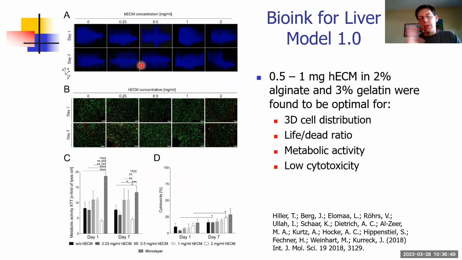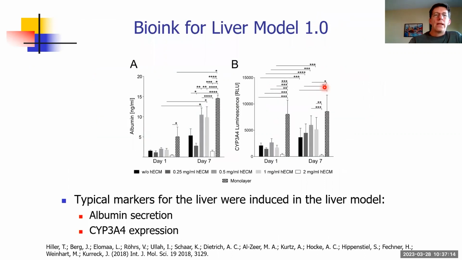We first optimized our bioink again. We optimized the addition of human extracellular matrix, the three-dimensional distribution of the cells, the cell viability, and the metabolic activity, and then had our optimal conditions, which contain 0.5 to 1 milligram of human ECM in the bioink.